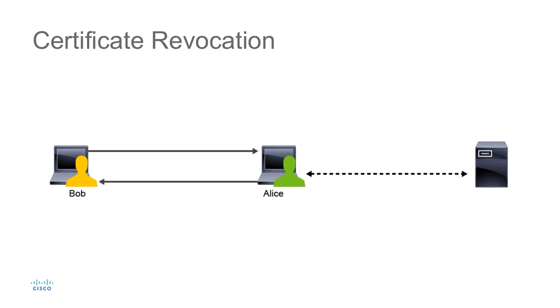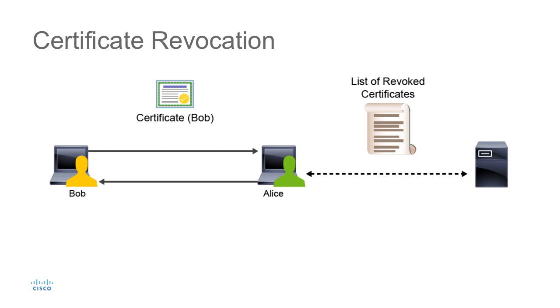At times, it does become necessary to revoke certificates. The certificates that are revoked are maintained in what's called a Certificate Revocation List, or a CRL. And each certificate has the URL of the CRL server or the OCSP server, and we'll discuss the differences between the two of those. So let's say that Alice is going to verify Bob's certificate.